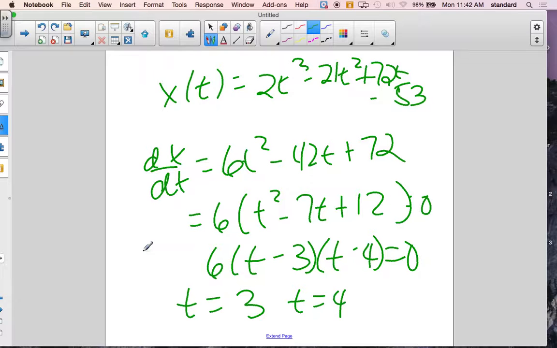But if it's moving around like that last one you did, it's got to be completely stopped. That means dx/dt and dy/dt both have to be 0. So you'd have to do the same thing for this one and find the t's and compare the t's. Okay, that's homework.